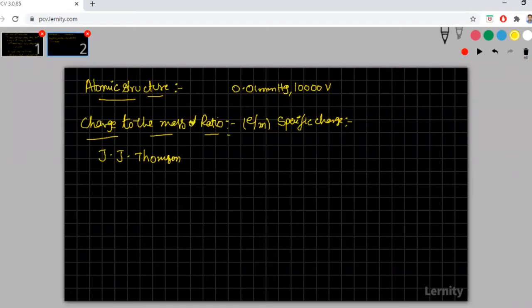This e by m ratio, the charge to mass ratio, depends on the following points.